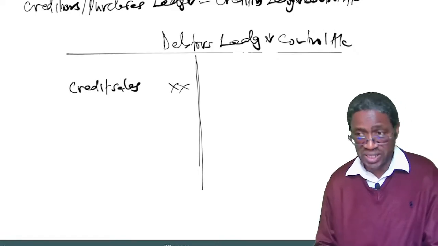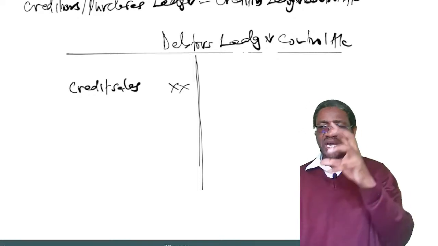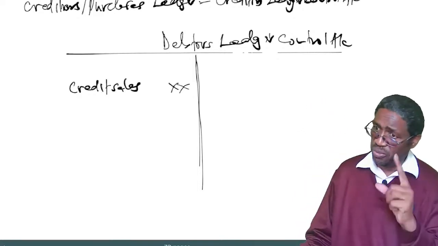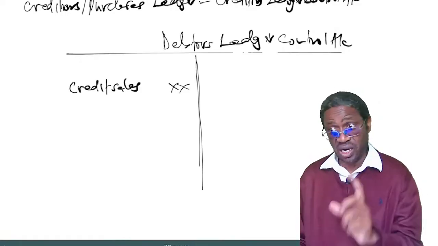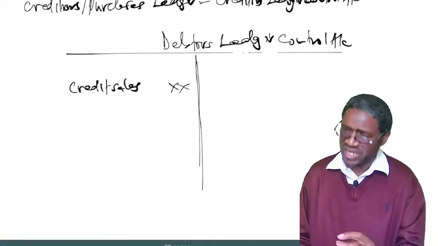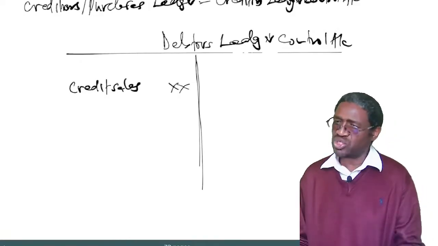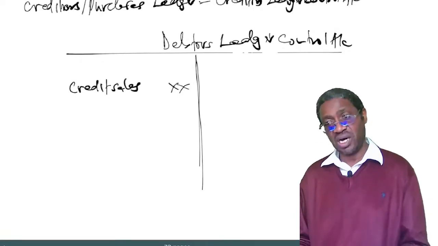Listen, the point is this. If an item is normally debited in the debtors account, that item should also be debited in the control account.